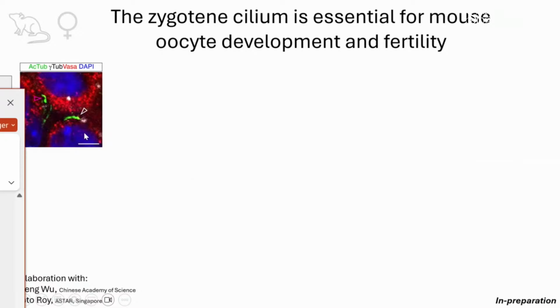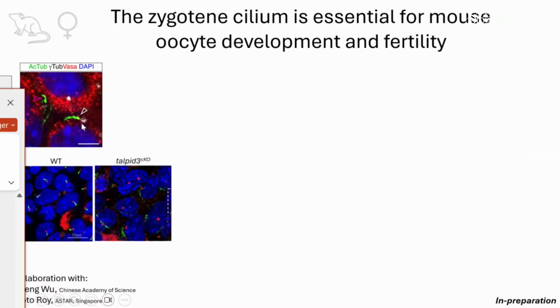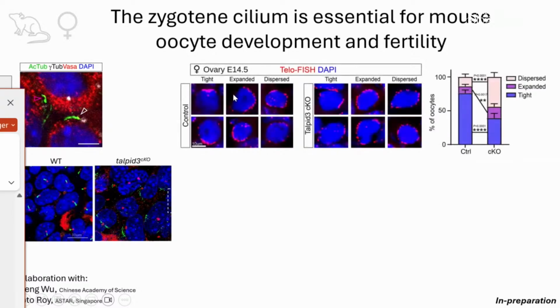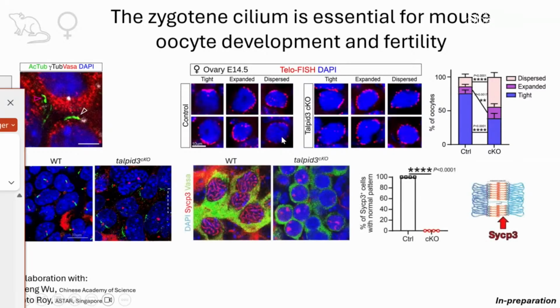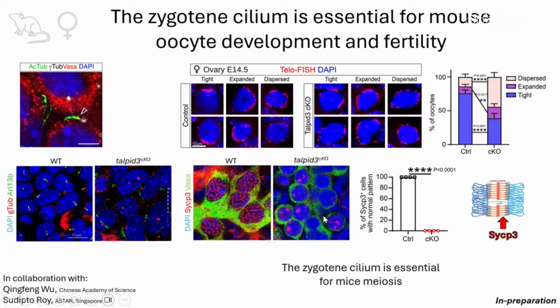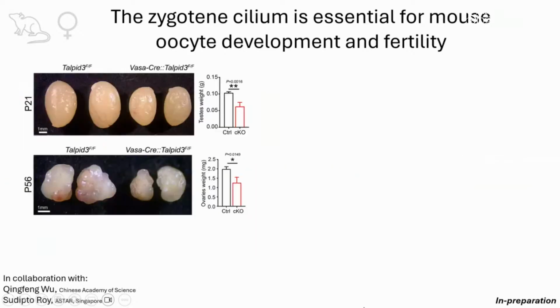In mice, the cilia are conserved in prophase stage oocytes and spermatocytes, and we wanted to check again the functionality. To do so, we utilized TALP3 knockout mice that abolish the cilium. The zygotene bouquet is lost in these knockout mice, and as a consequence, SYCP3 loading is also halted and defective. So the cilium is essential for mouse meiosis as well.